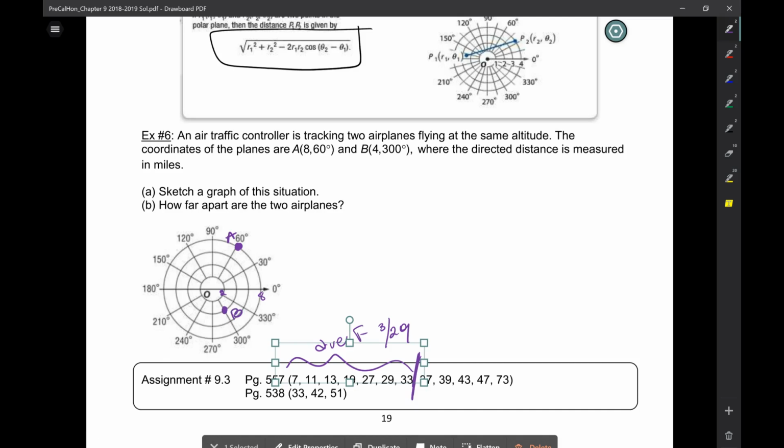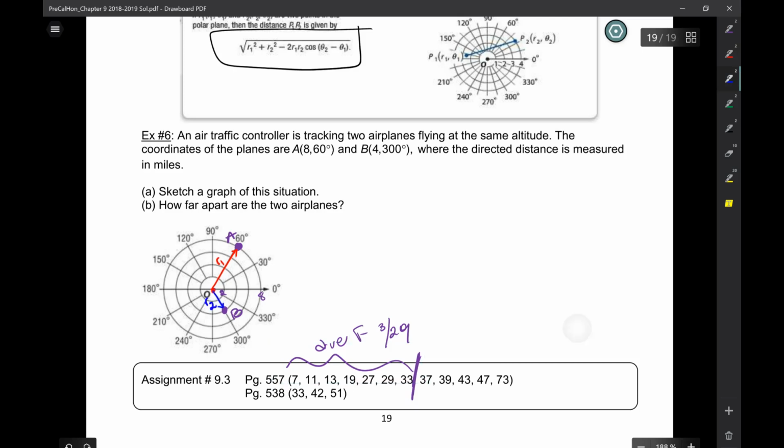So this is R1, and this is R2. So it says sketch a graph of the situation, which we've done. The directed distance is measured in miles. Directed distance meaning, just like that bird's eye view.